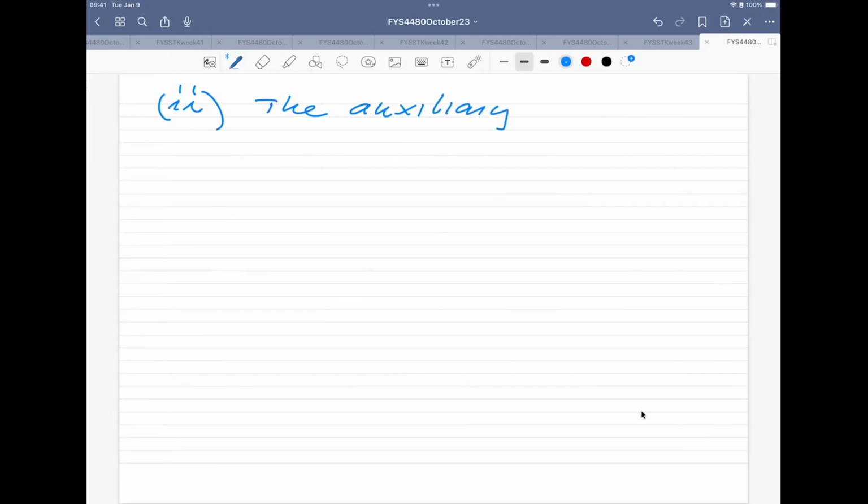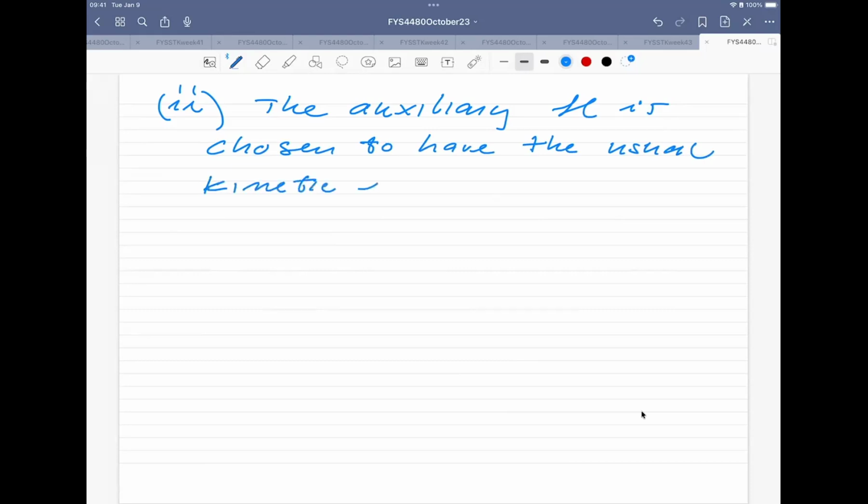The auxiliary H is chosen to have the usual kinetic energy and an effective local potential in the density.